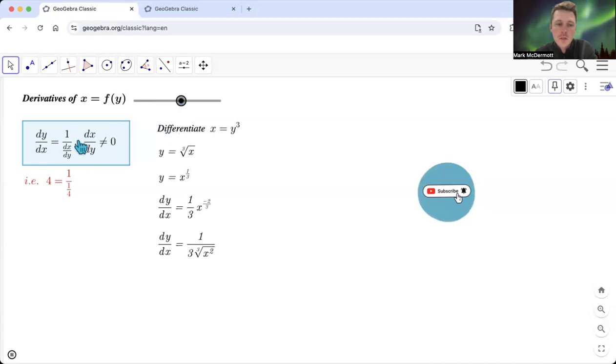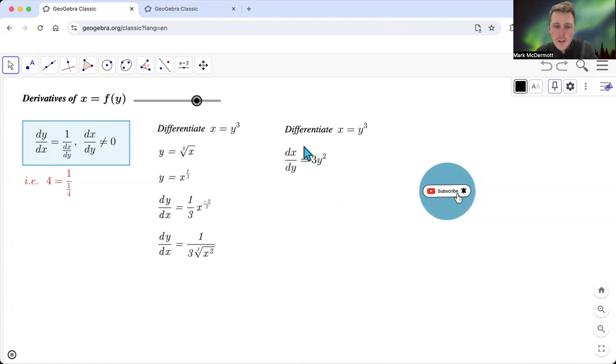Now, let's see if we can do it taking advantage of the information we've just spoken about. We have the same problem: differentiate x equals y cubed. The first thing we're going to do is take the derivative of both sides with respect to y.